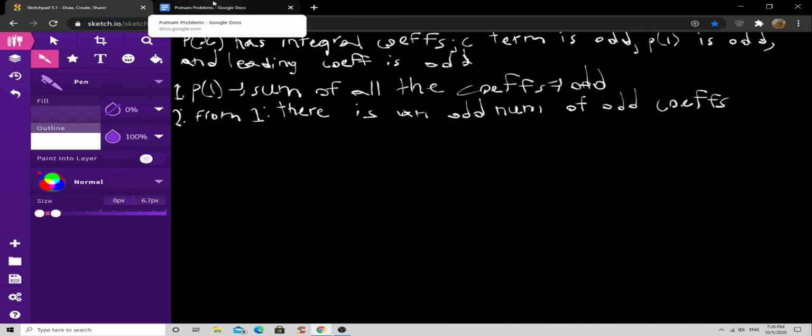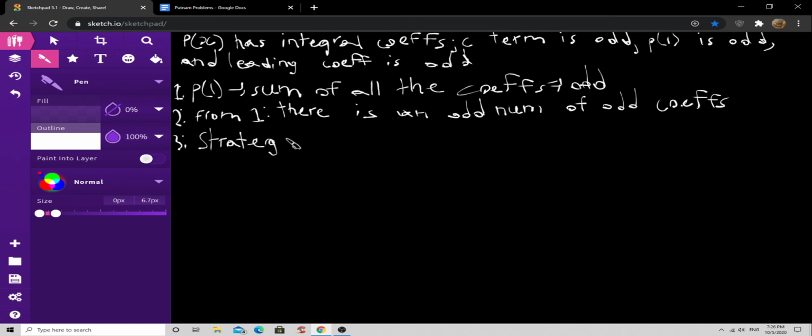Okay, so what can we do now? So I think we can employ a strategy, like I said. Observation. Okay. Strategy. We can do a proof by contradiction.